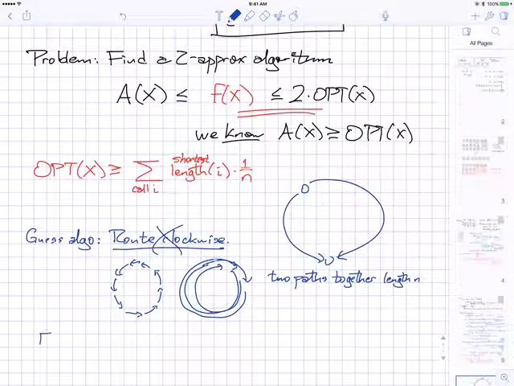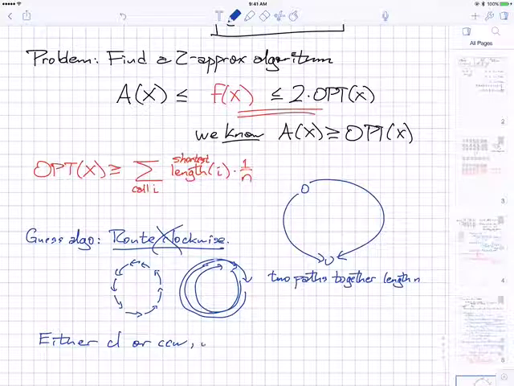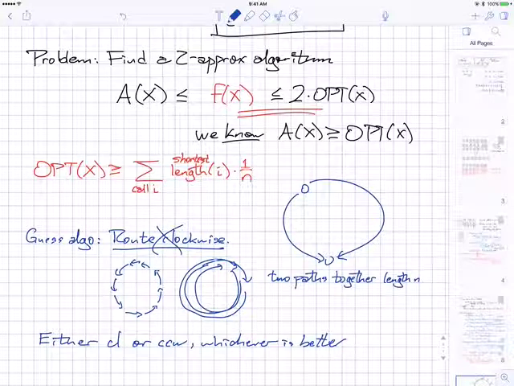But if I say either clockwise or counterclockwise, whichever is better, that might work. Another possibility for a reasonable approximation algorithm is, let's try routing each call along its shortest path no matter what.